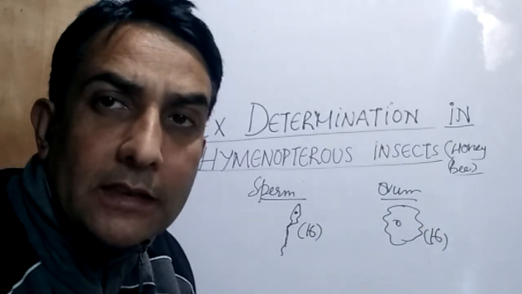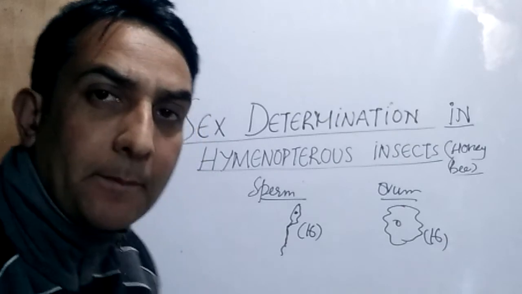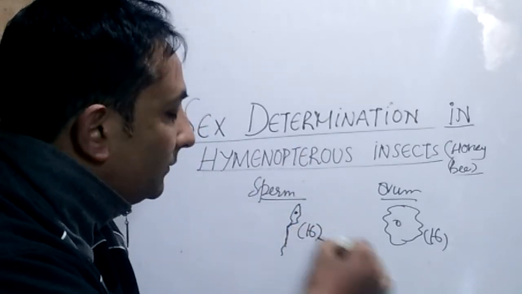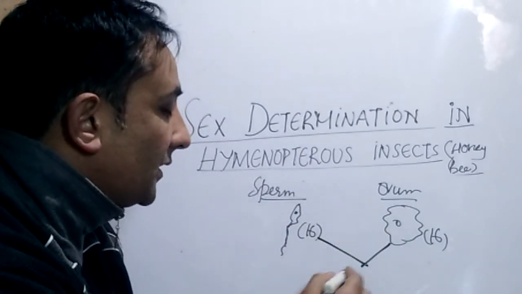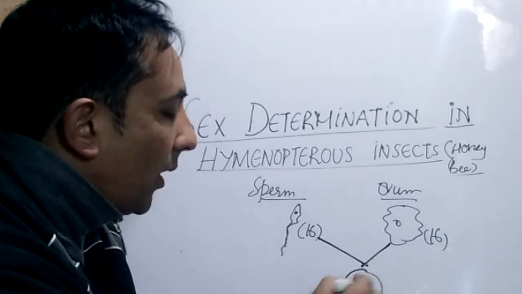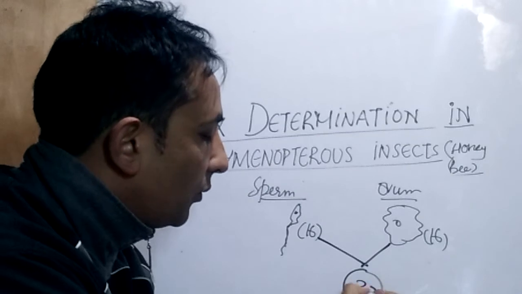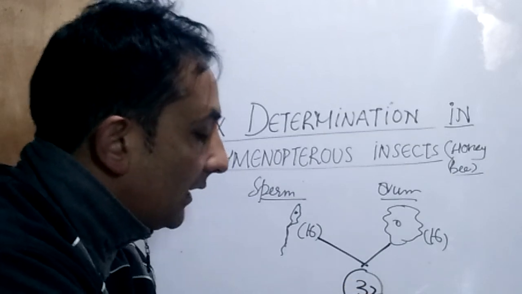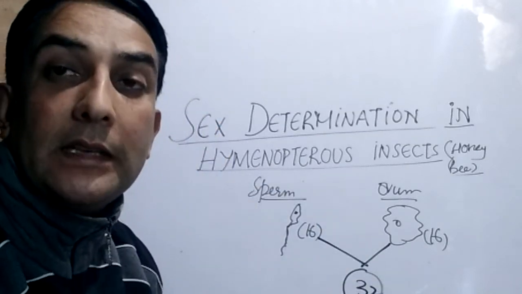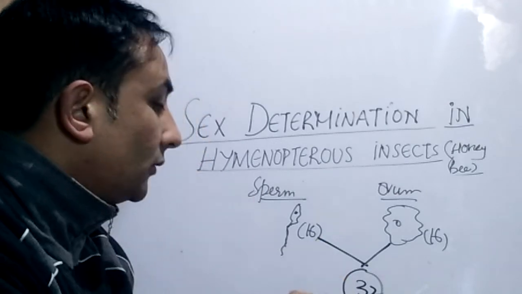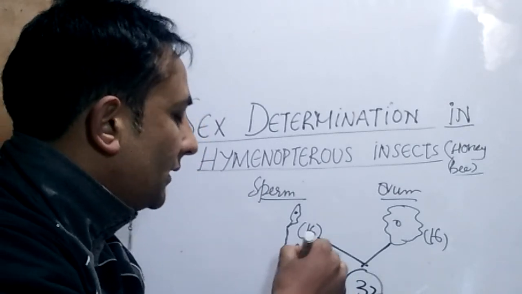Once the sperm fertilizes the ovum, it is fertilization. Now we say that this is 16, this is 16, and the zygote gets formed. From the zygote you will see the offspring gets formed, and in the offspring there will be 32 chromosomes. Means it will again become 2n. Once it becomes 2n, you will see it will be a female. So it will be a female because it is diploid.